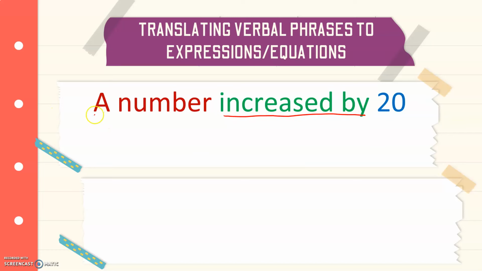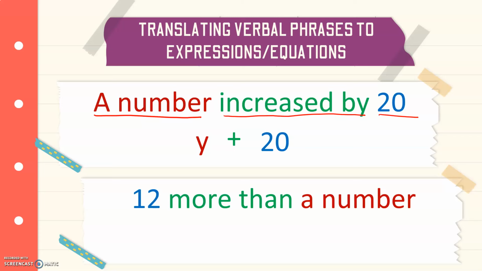We have here a number and 20. Again, since this number is not given, we may use a variable to represent its value. This time, I'll be using the variable y. So y will be increased by, so I will add 20 to y. So we have y plus 20.